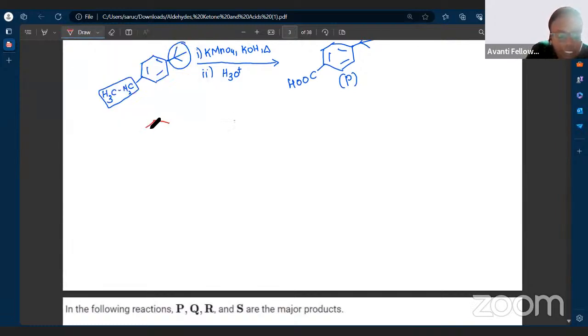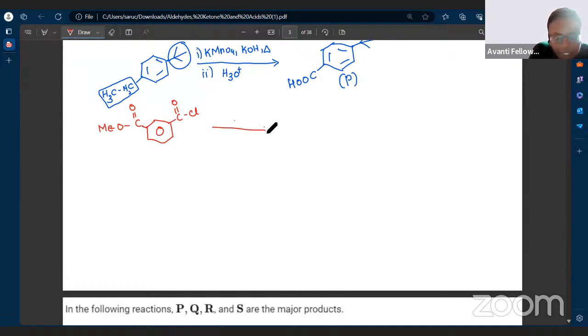So what is the reactant? The reactant has COCl and at its meta position COOMe. So you have an ester group and the acyl halide.